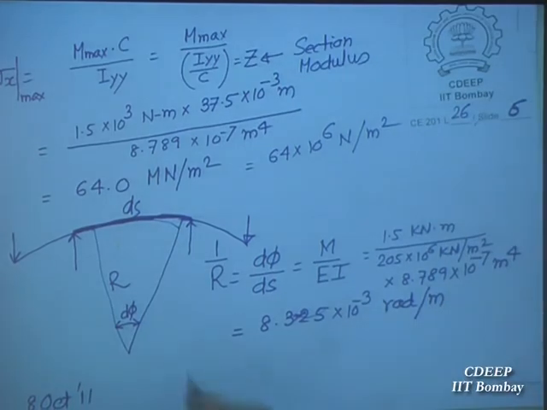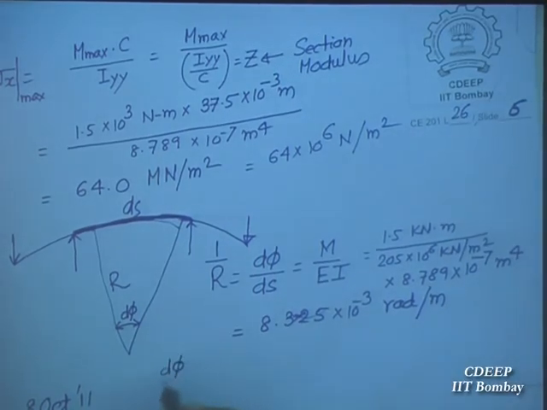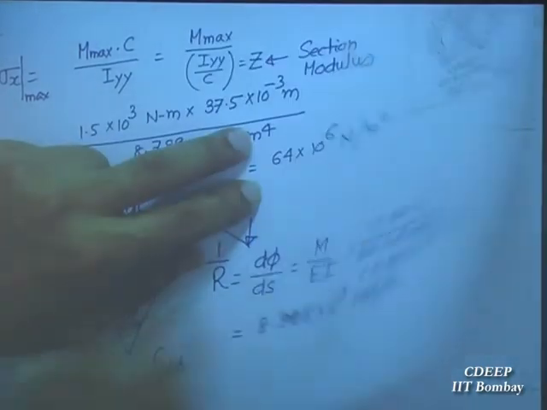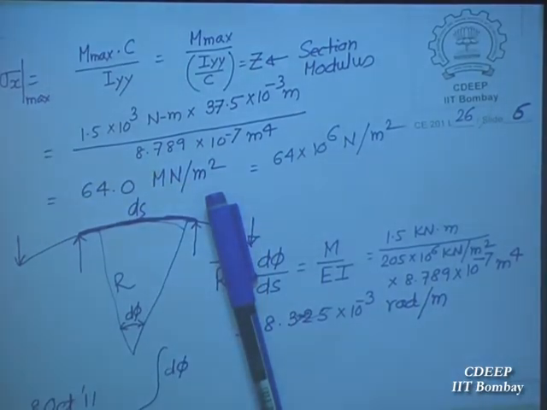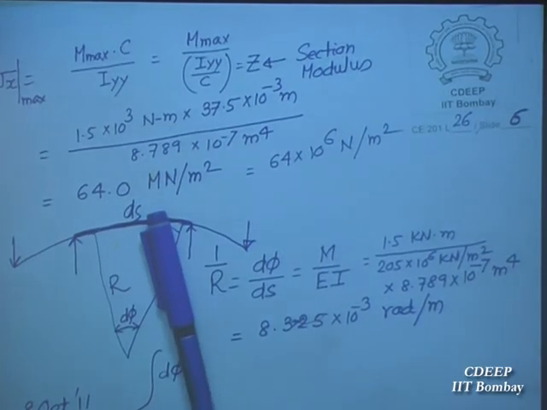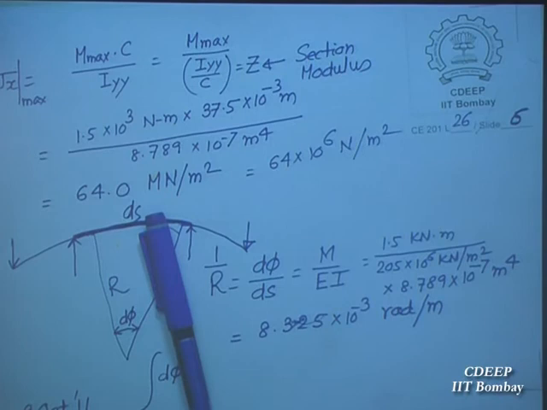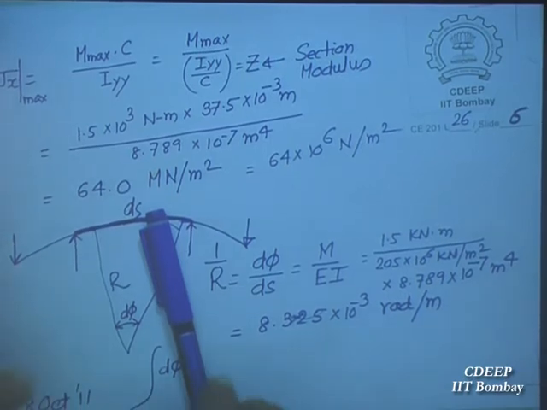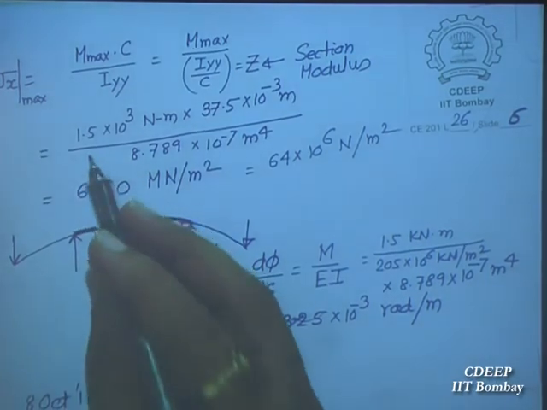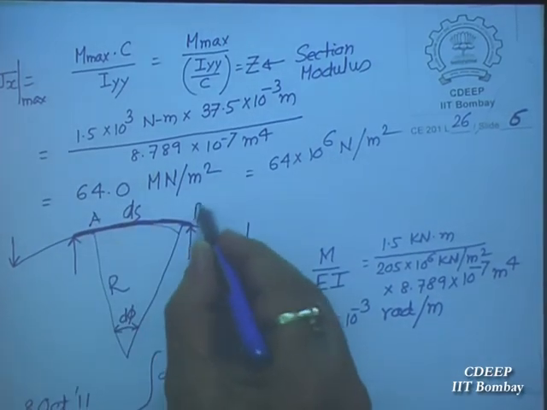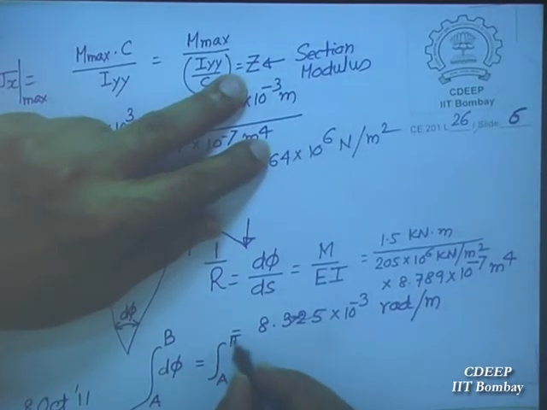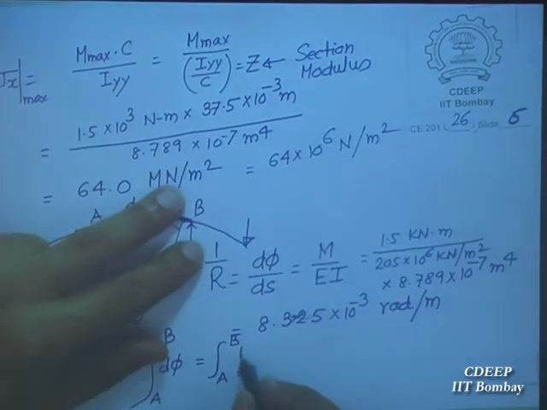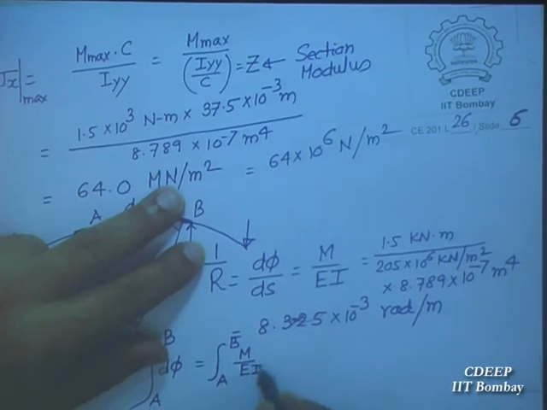So d phi from A to B will be equal to m by EI into ds.